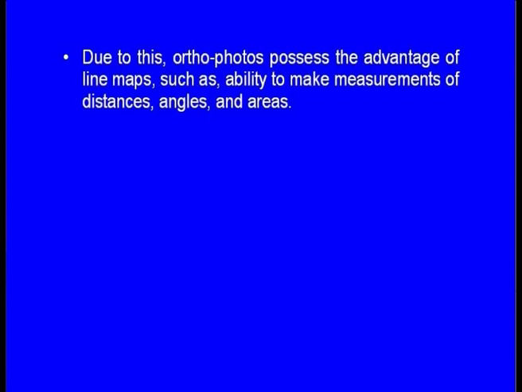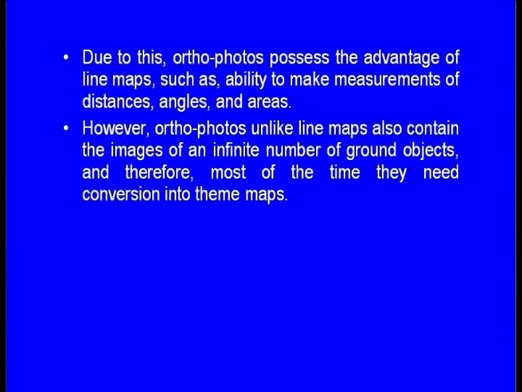So, due to these, orthophotographs possess the advantages of line maps, such as the ability to make measurements of distances, angles and areas. However, orthophotographs, unlike line maps, also contain the image of an infinite number of ground objects, and therefore, most of the time they need conversion into thin maps.